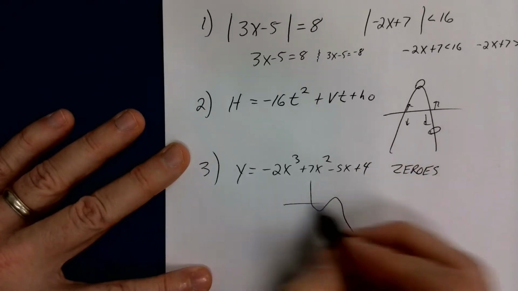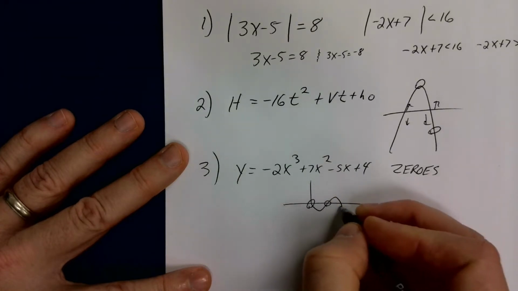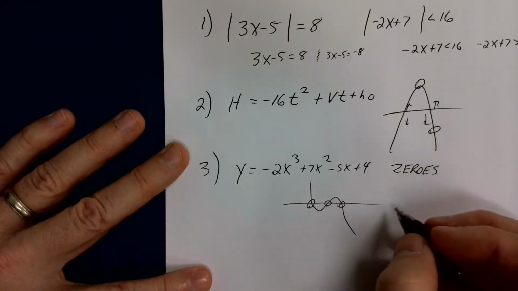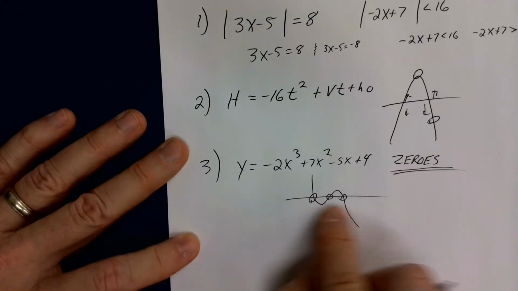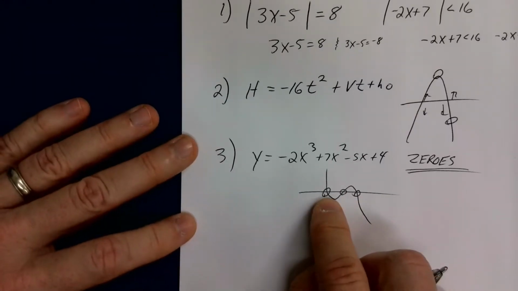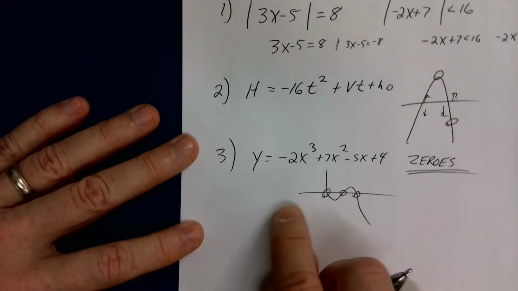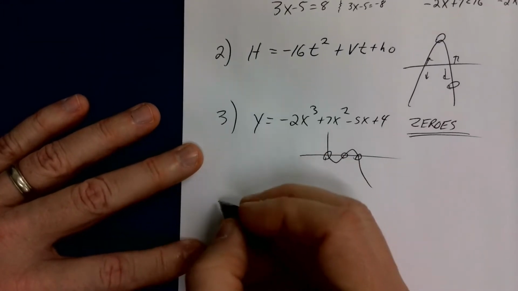It might hit 3 times, or 1 time, or 2 times, whatever. You're just trying to find the x-axis, because the x-axis is when y is 0. So just use the zero function in your calculator, or put y2 as being 0, and find those intersection points. So those types of things.